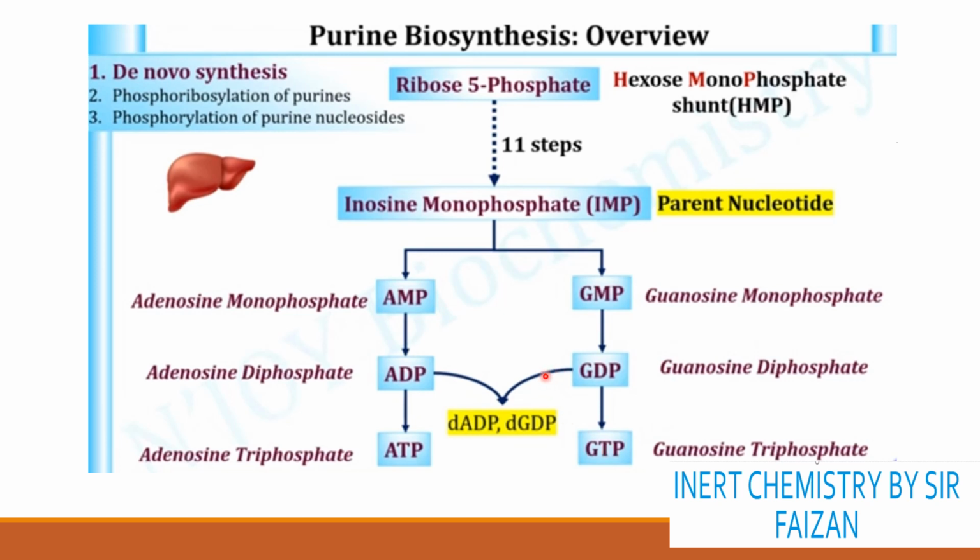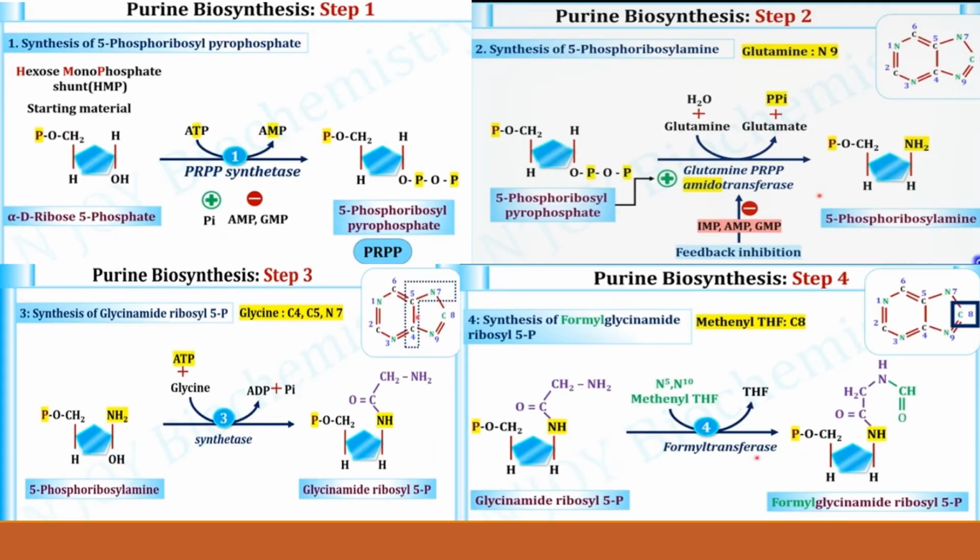While deoxyribonucleotides, which are present in DNA, are formed from these ribonucleotides like GDP and ADP. As I have described earlier, purine biosynthesis consists of 11 steps. Let's discuss all these steps one by one in detail.